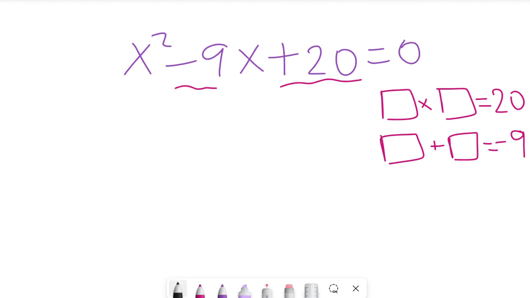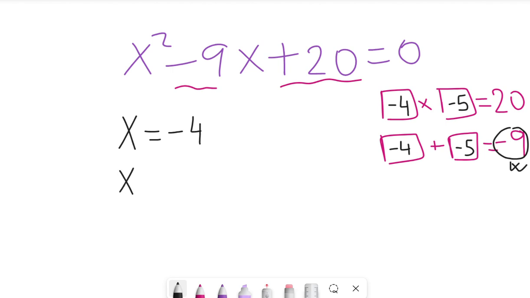But since I need the sum to be negative 9, we can say negative 4 multiplied by negative 5 is equal to 20, right? In the same way, negative 4 added to negative 5 is equal to negative 9. Perfect.